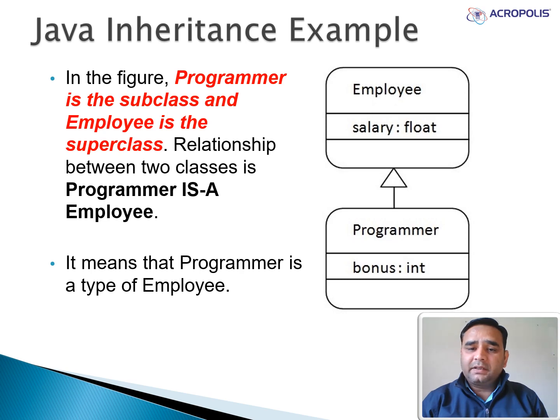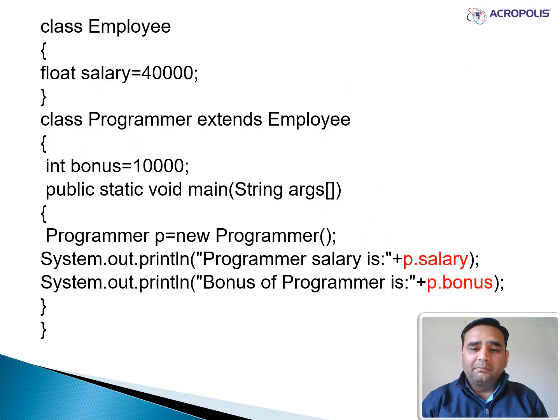So we will see this example with the help of example code. Here we have a class called employee. This employee class has an attribute or field of float type called salary. Now we have another class called programmer.